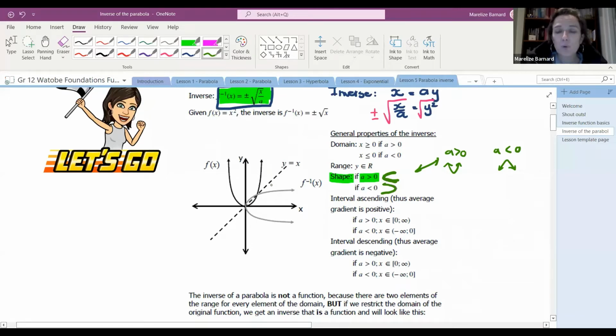Now, there are a few important things to remember with inverses. So x and y swap. The other thing is that the inverse is the reflection of the graph in the line y equal to x. So when you do inverse, you'll always deal with this reflection in the line y equal to x, because that's basically what an inverse is.